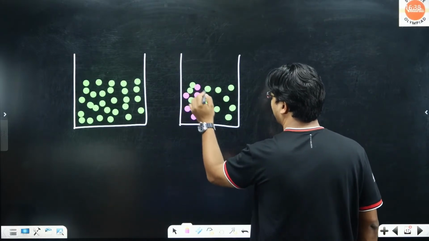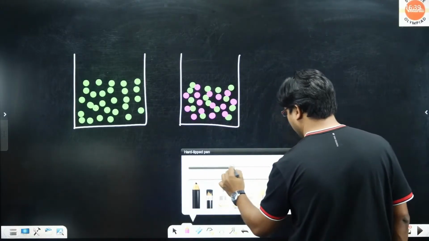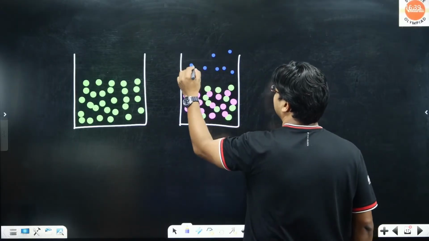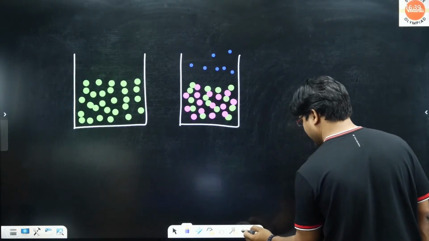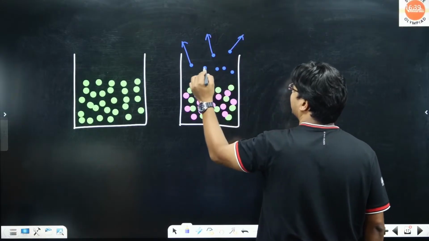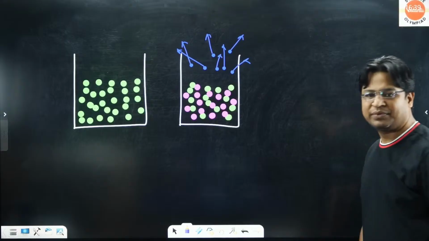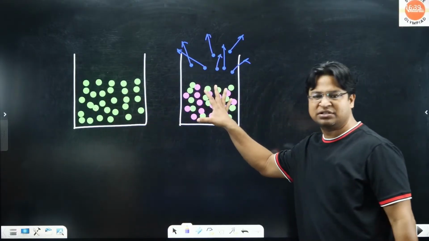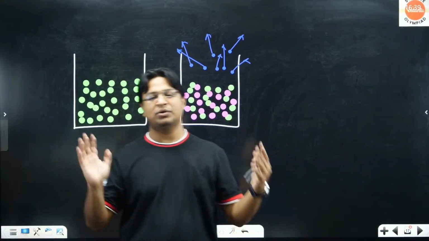These are Y nuclei, because X has been getting converted into Y. Not only that, we would see some particles flying here and there. These are alpha particles which are getting ejected. So this was only X, now this is X with a collection of Y, because some of the X got converted into Y and threw out alpha particles.